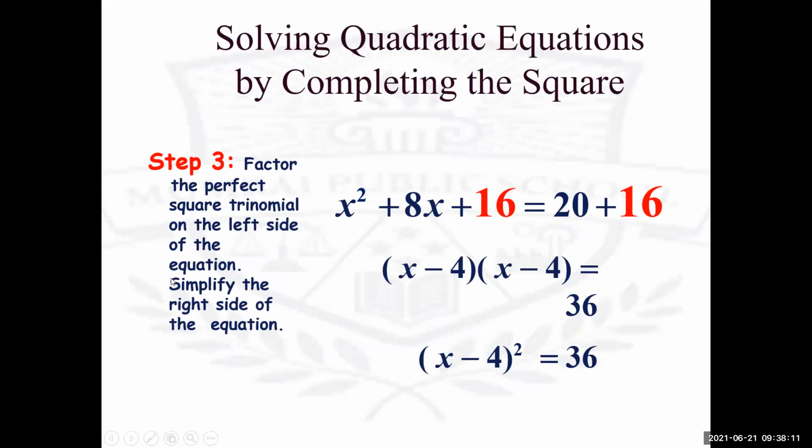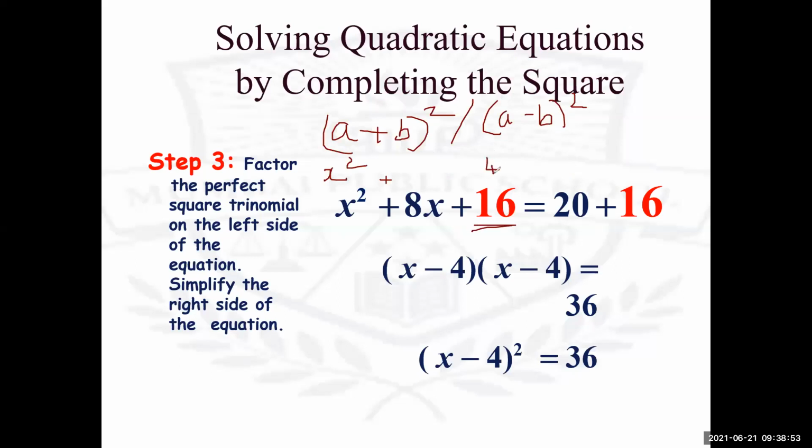Now remember, always remember, this will always be in the form of a plus b the whole square or a minus b the whole square. Now 16 is actually 4 square.